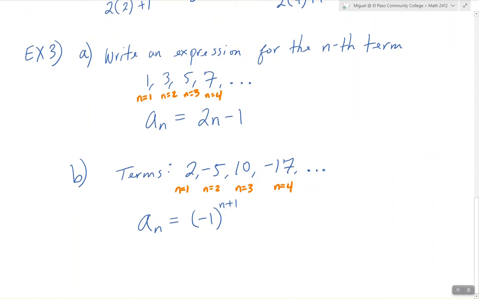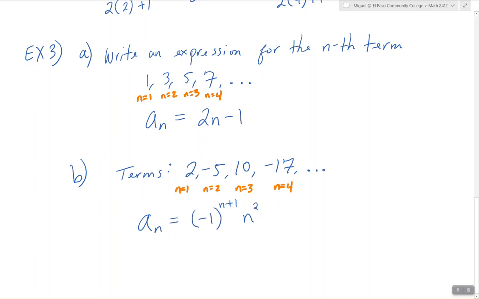2n doesn't work. 2n plus 1 will give us a 5 for the second term, but it wouldn't give us a 2 for the first term. So 2n plus 1 also would not work. What about exponents, right? What about a power? n squared?